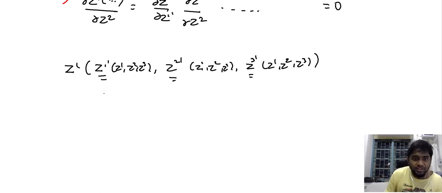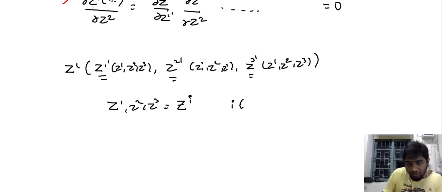For instance, it is possible for us to represent z1, z2, z3 as zi, in such a way that depending on what value the i assumes, it will correspond to the associated coordinate. So depending on what value the i assumes, the z will indicate the corresponding coordinate of a system.